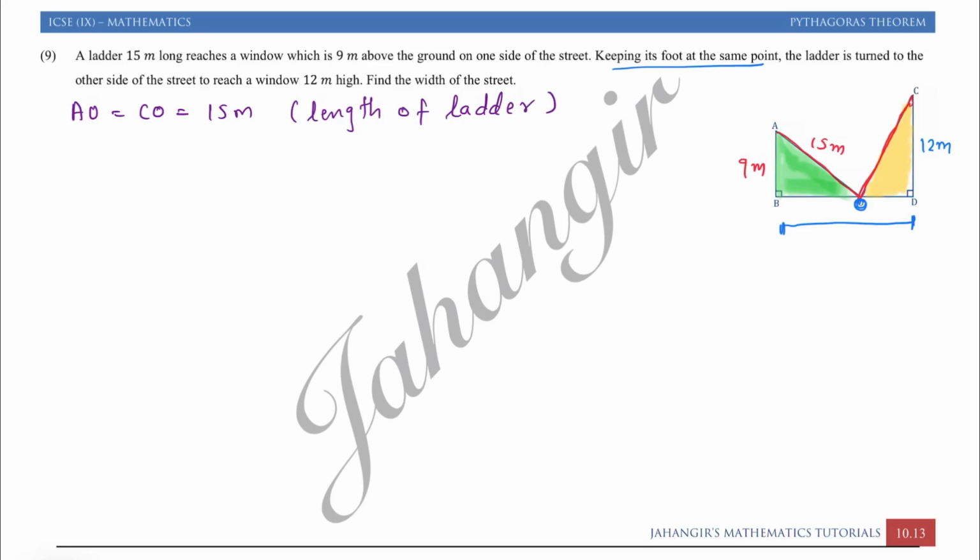Both triangles are right angle triangles. So in triangle ABO, AO square is equal to AB square plus BO square. This is Pythagoras theorem.